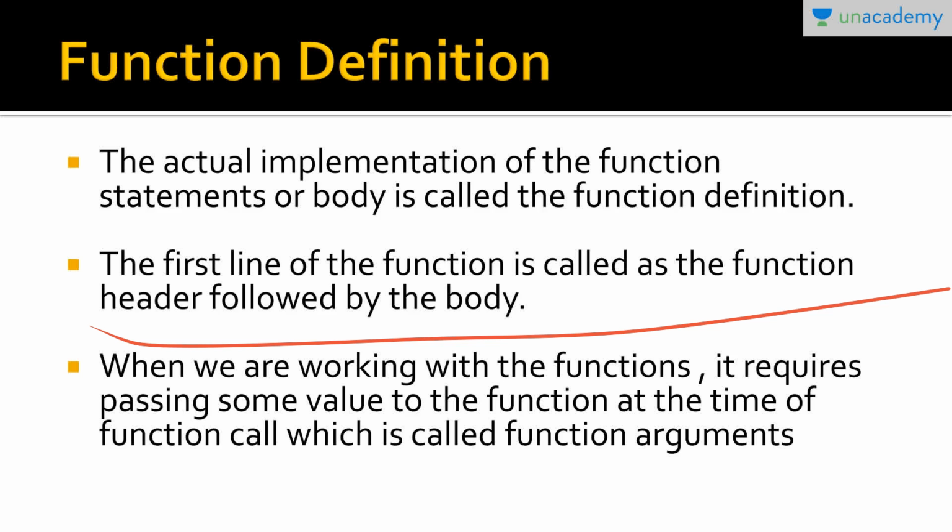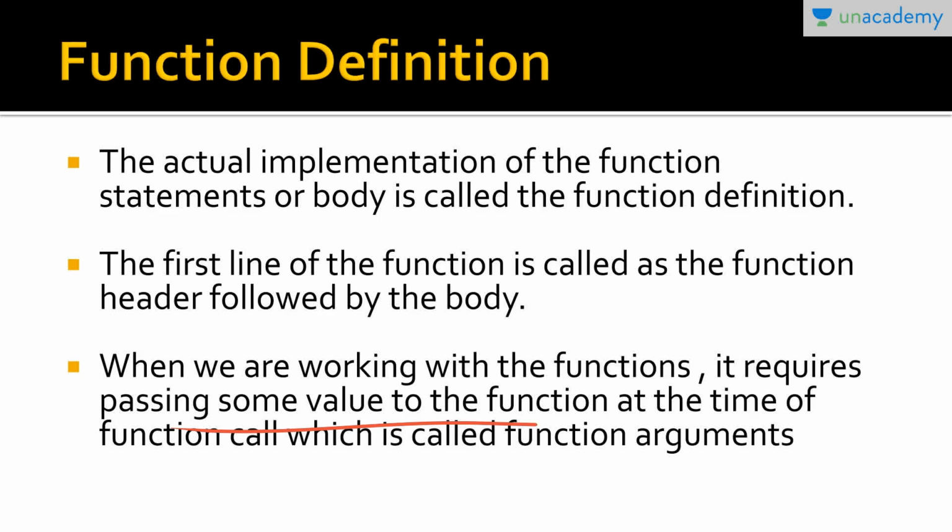When we are working with functions, it requires passing some values to the function at the time of the function call, which are called function arguments. Basically, when the function is applied, it is applied on some values or variables used in the program.